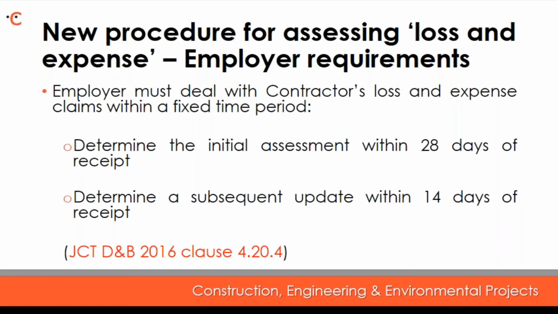The amendments benefit the contractor because the 2016 edition assures that the employer promptly carries out its loss and expense assessment. The amendment also now avoids loss and/or expense claims being raised at the end of the project.